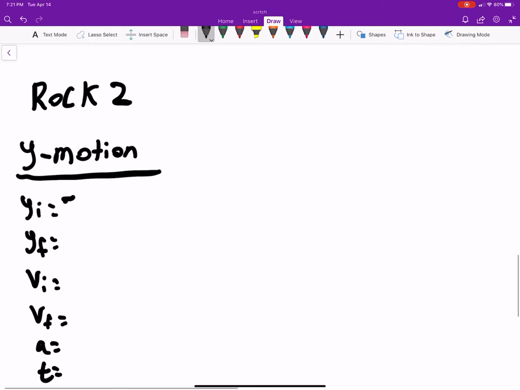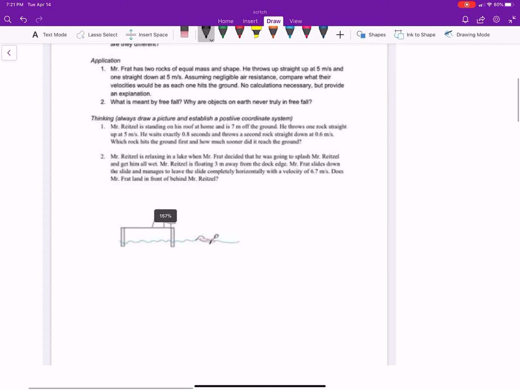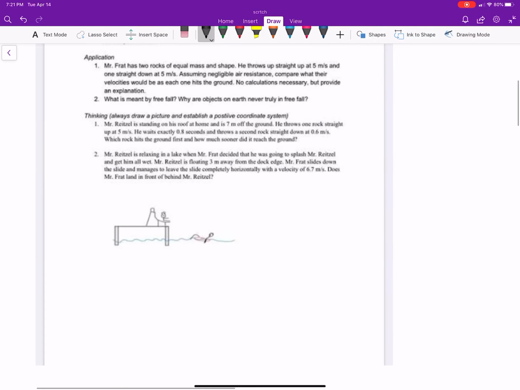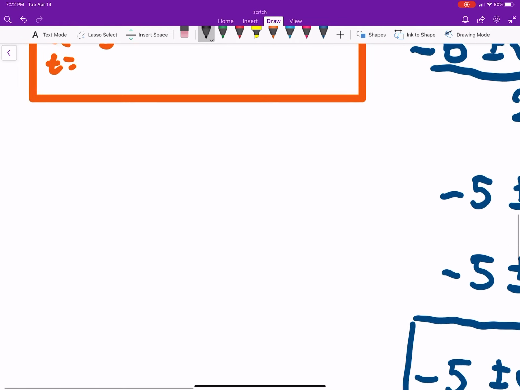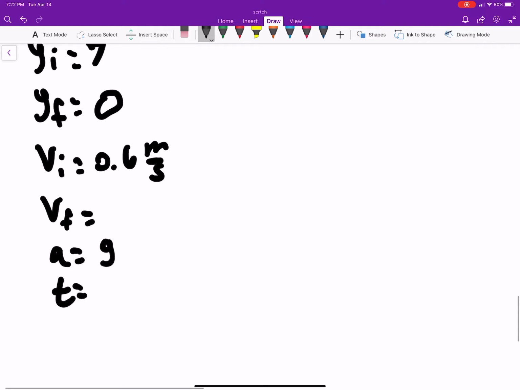So y initial starts at 7, y final is 0. 0.6 meters per second is our initial velocity. We don't know the velocity it hits the ground with. Acceleration is g, and I'm going to call this T2.